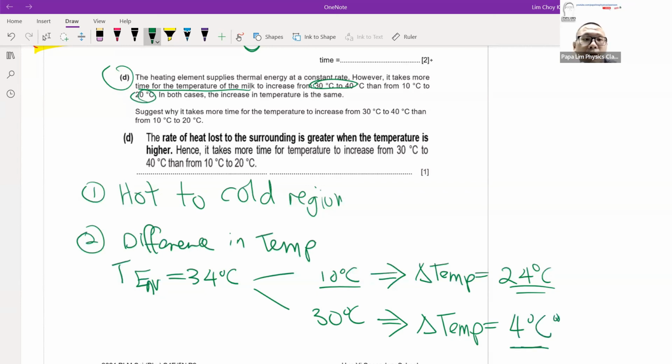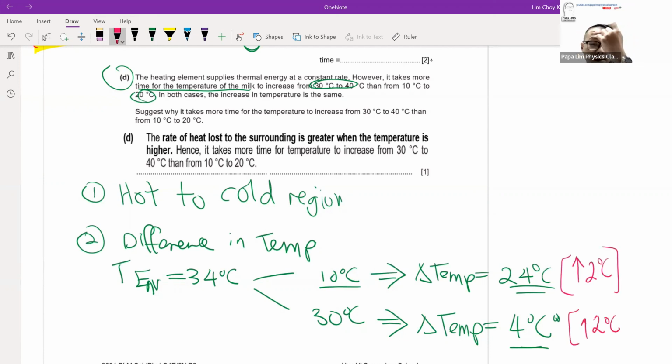So even though we start from 10 degrees Celsius in one case and 30 degrees Celsius in the other, let's say for both cases I want to increase by 2 degrees Celsius.